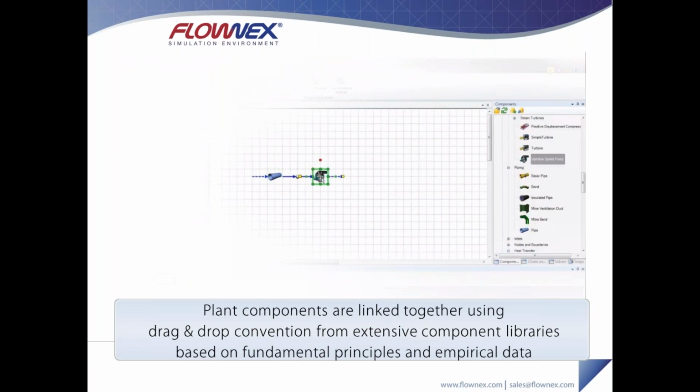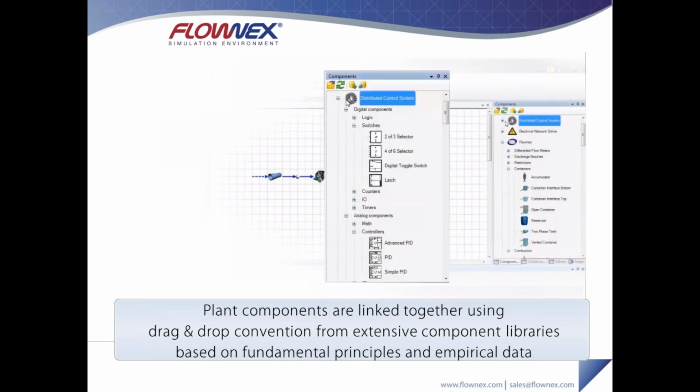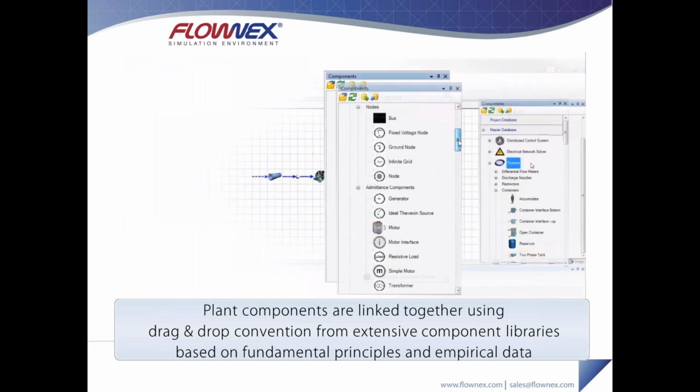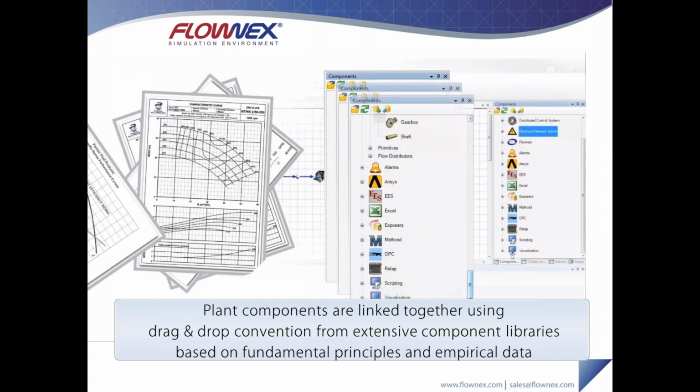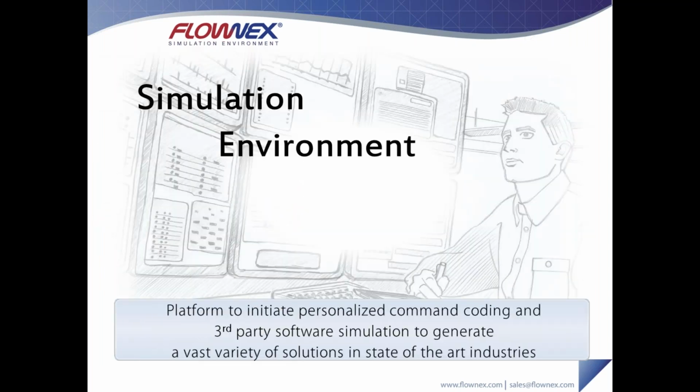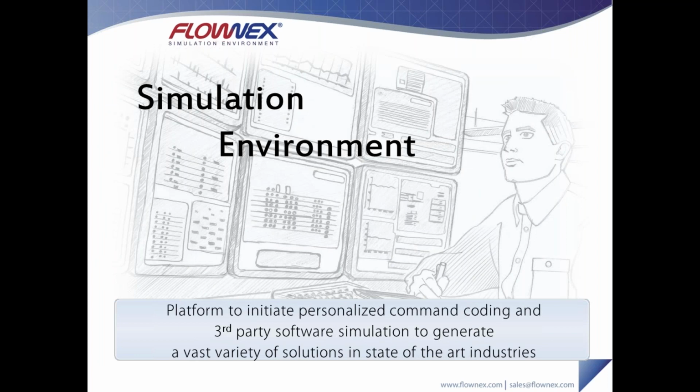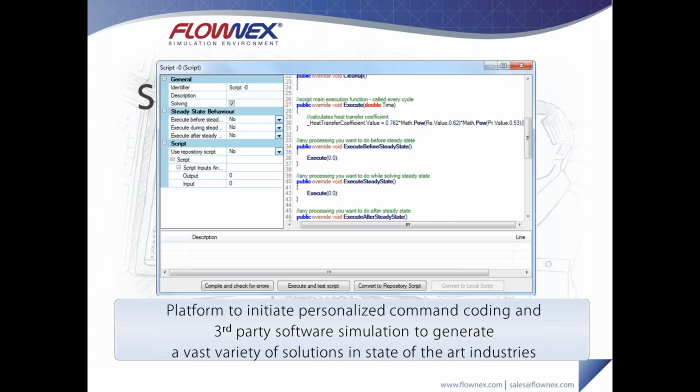The plant components are linked together when we build the models, using the drag and drop convention from extensive component libraries, which are based on fundamental principles and empirical data. The term simulation environment comes from the fact that it is a platform to initiate personalized command coding and also third-party software simulation.